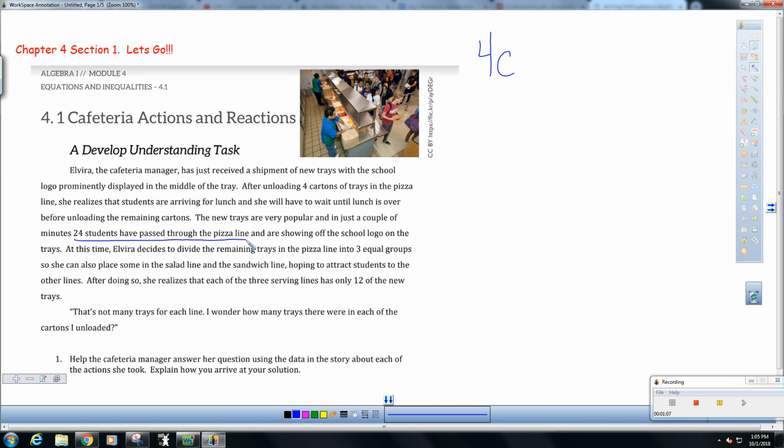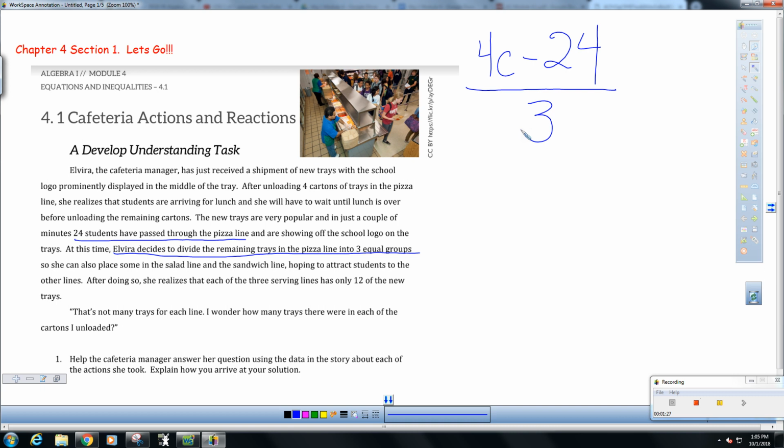So we unloaded 4 cartons of pizza, and then 24 of them were used. At this time, Elvira decides to divide the remaining trays into 3 equal groups. So however many were left, she just stacked them into 3 equal groups.